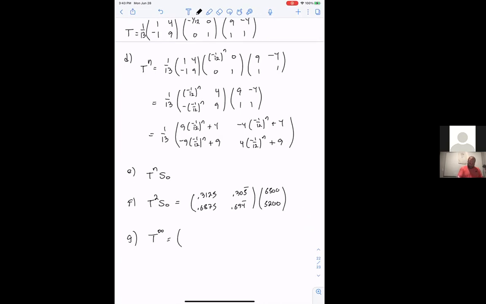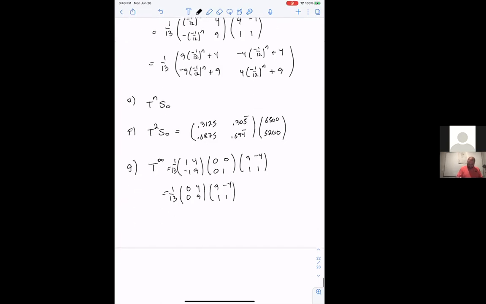Well, it's going to be 1 over 13, 1, 4, negative 1, 9, 0, 0, 0, 1, 9, negative 4, 1, 1. So 0, 0, 4, 9, 9, negative 4, 1, 1. This gives me 4, 9, 4, 9, or 4 over 13, 9 over 13.